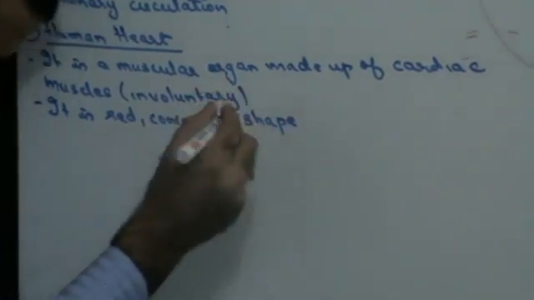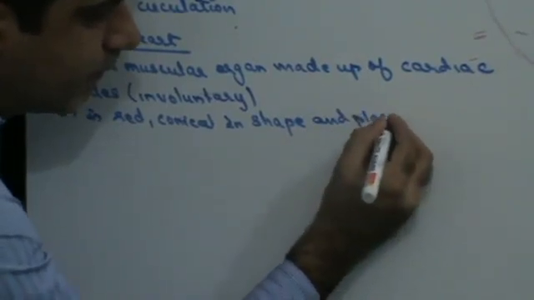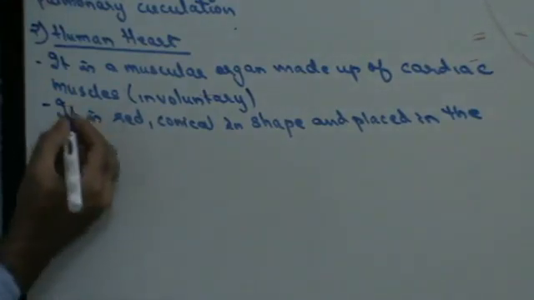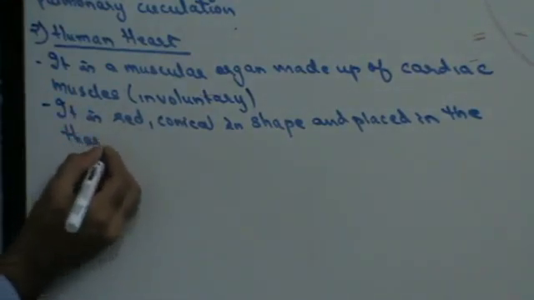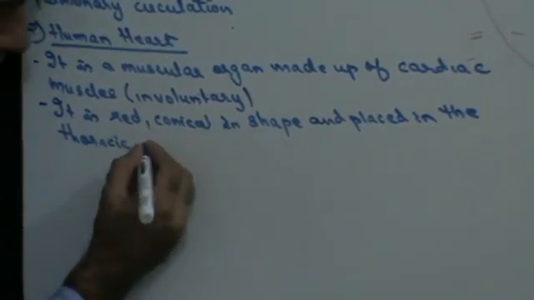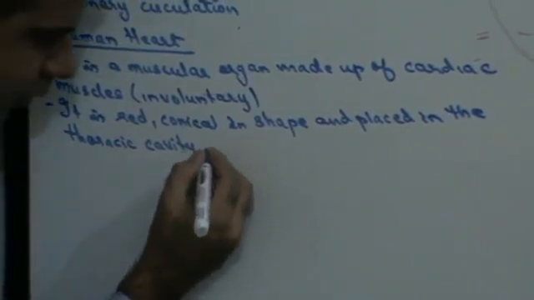It is red, conical in shape, and placed in the thoracic cavity in between the two lungs.